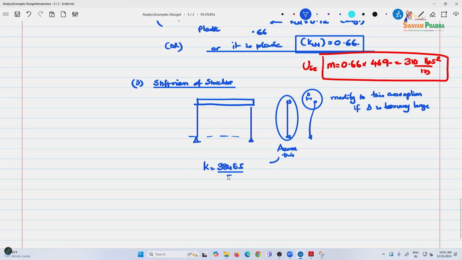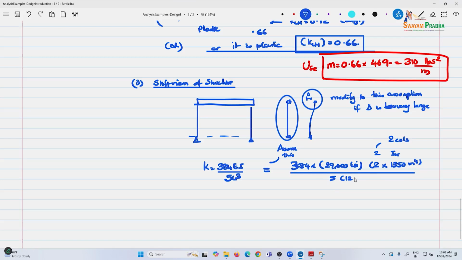So that value comes to 384 multiplied, E is, people use 30,000 or 29,000, either one is fine, and there are two columns. So 1350, this is 2IX, two columns, and divided by 5 times 12 cubed.